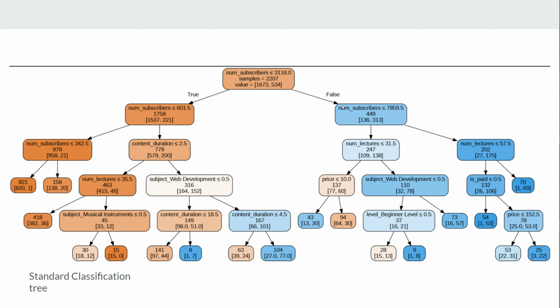We jump to the right and see that the number of subscribers is actually greater than 7,859 and a half. And also the number of lectures is greater than 57 and a half. That's how we get to our node of 69 classes being high reviews and one not being a high review. That's how we interpret this chart right here.